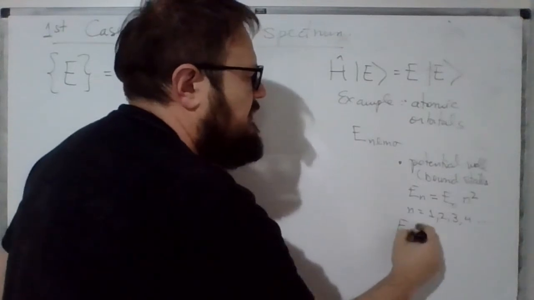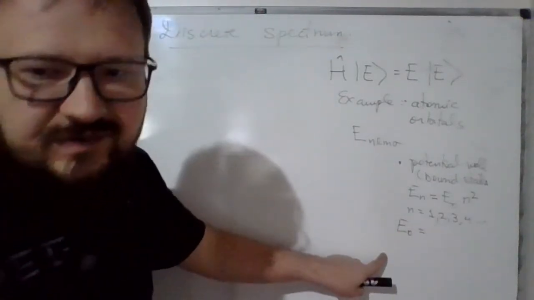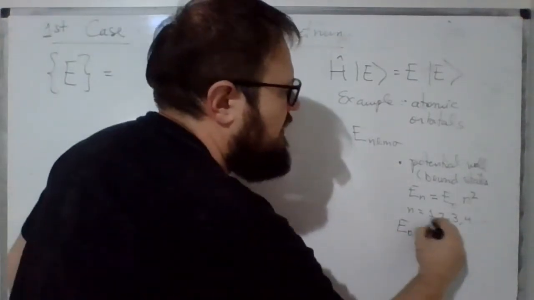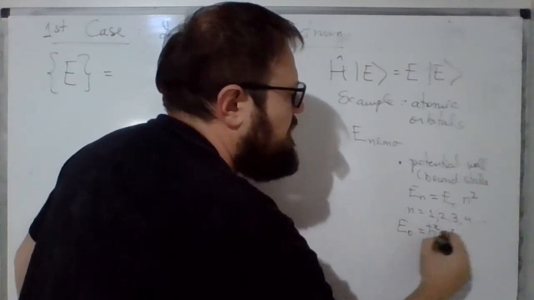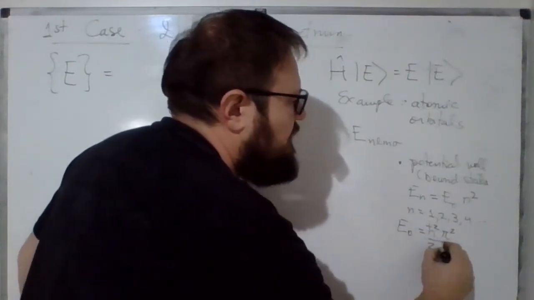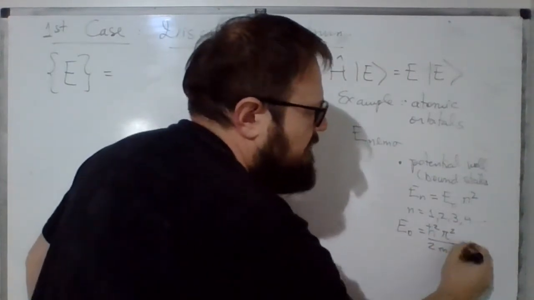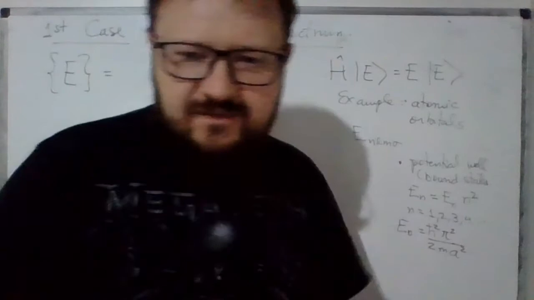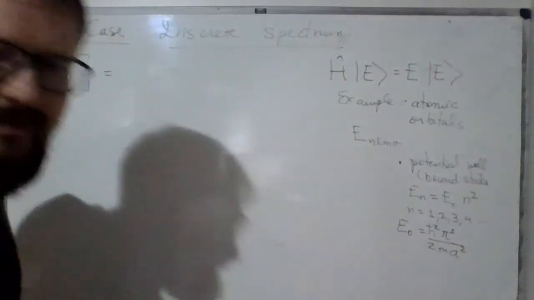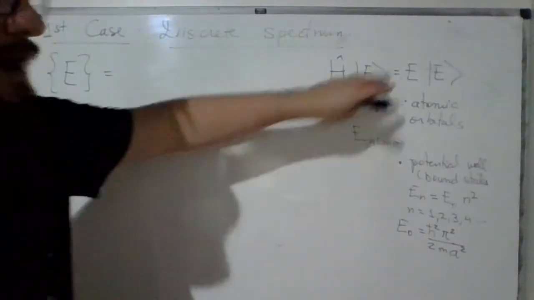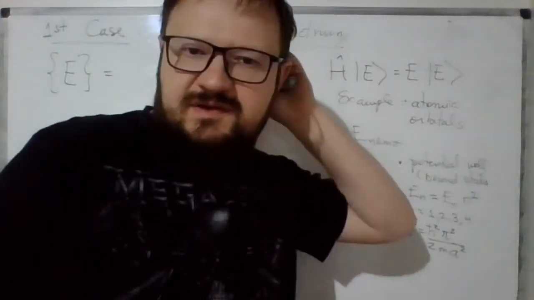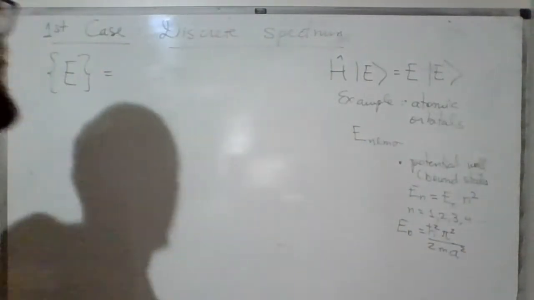Remember this E naught, the energy scale, is just given by h bar squared, pi squared, divided by 2 times the mass of the particle times the size of your quantum well squared. Okay, so these are just a few examples of a discrete spectrum.